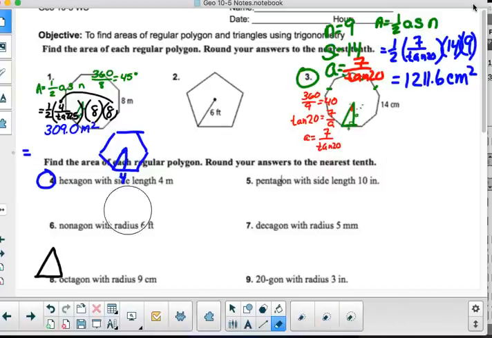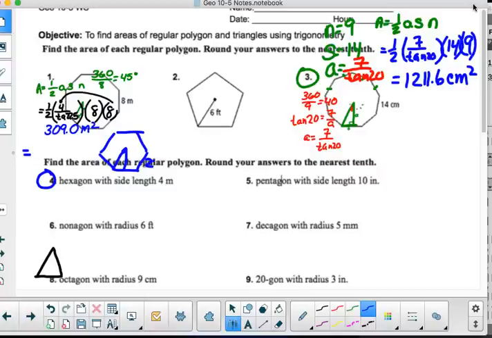So my side length of 4, we're going to slide this over. A half side, that's 4, this is 2. And keeping in mind, I got a little shortcut with a hexagon because remember, this is an equilateral triangle, and if this is 2, this is 2 times the square root of 3 for my height. And that's also my apothem. So I can quickly find this.